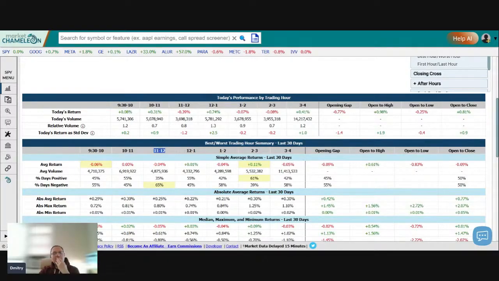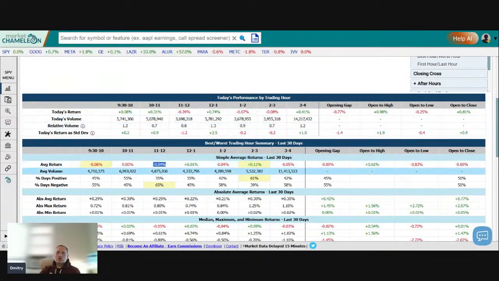That hour seemed to be weaker in general in the last 30 days for whatever reason, but that's what shows up, that those typically seem to be weaker. 65% of those were down moves. So if we looked at the beginning, starting at 11 o'clock, ending at 12 o'clock, after that first hour, the stock tended to be lower 65% of the time with an average loss of 0.4%.